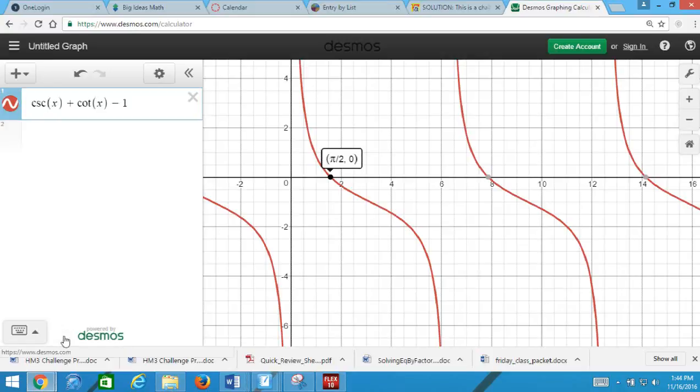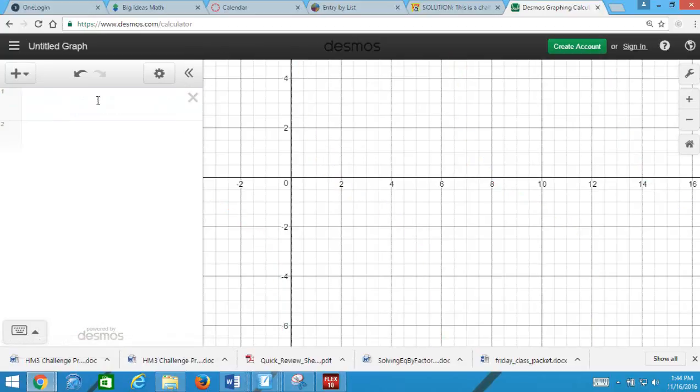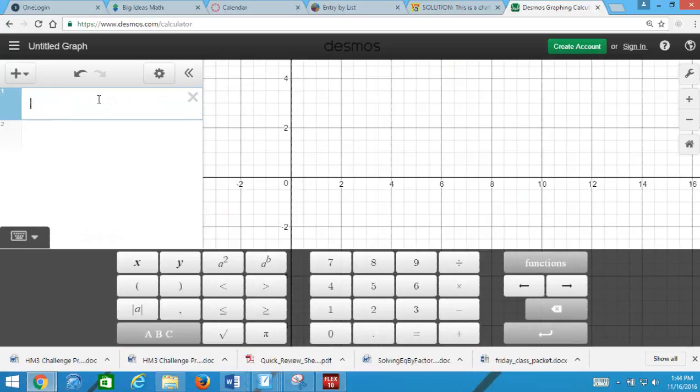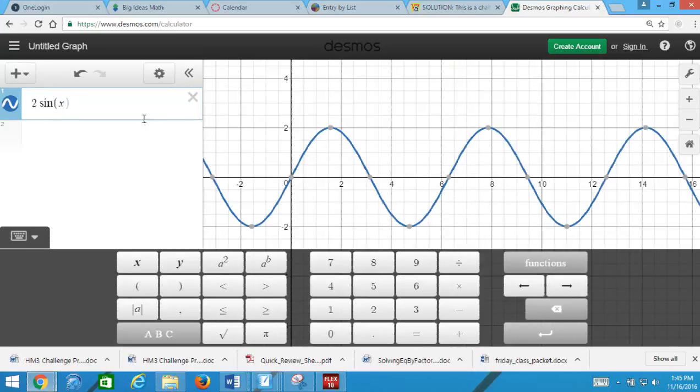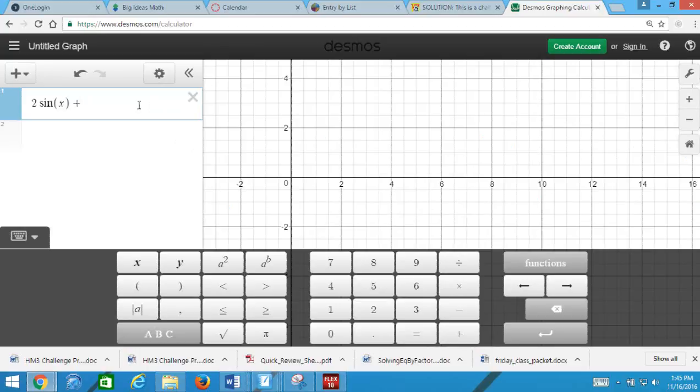What are we looking for on the graph? The x-intercepts. So what's the equation? The original? Yeah, plus cosecant, is that what it is? Yeah. Does it equal 0? Yeah.